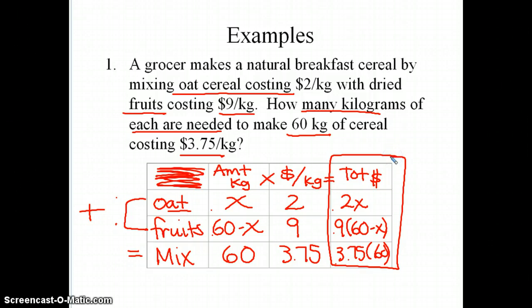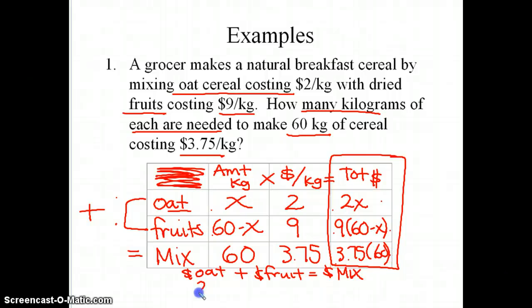Well, if that is the case, then I can use my final column right here to come up with an equation. So I can have the cost of the oats added to the total cost of the fruits, and that will equal the cost of the new mixture. Now, with that written in English, I'm going to apply my mathematical items from my chart.